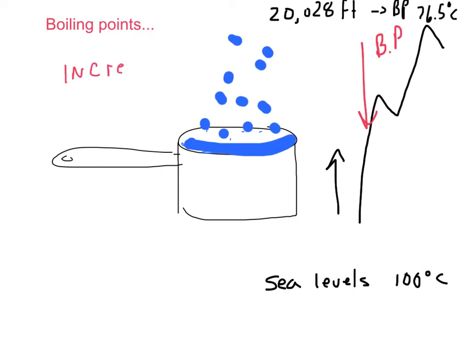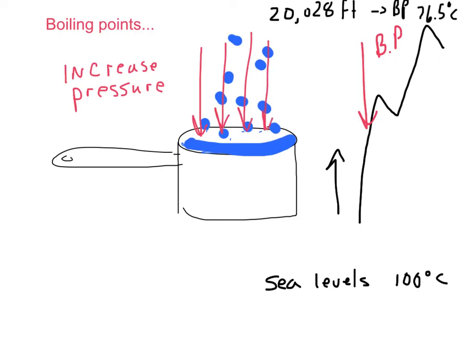So now, what happens when I increase the pressure to the boiling point? Well, if I increase the pressure, what's happening? I'm actually putting more pressure pushing down onto this liquid. And when I'm doing that, I'm forcing those gas molecules to stay in the liquid. So what happens?